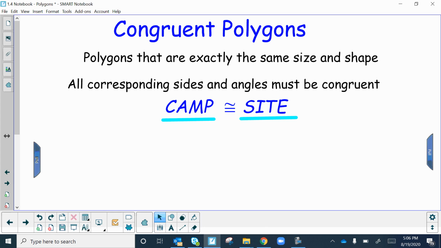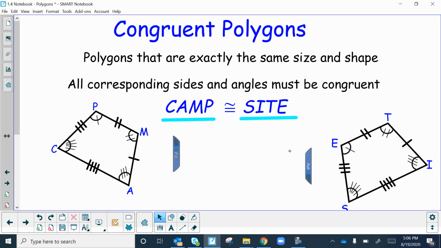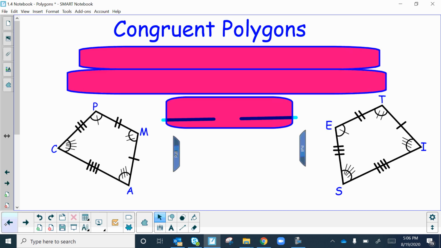Let's take a look at what type of polygons we have here. Here's one, and here's the other. You can clearly see every side and every angle is congruent. And that's what determines congruent polygons. And that is it.